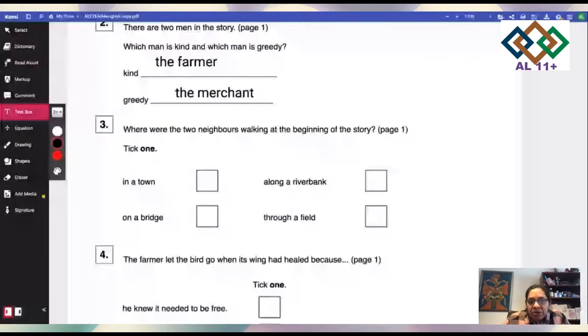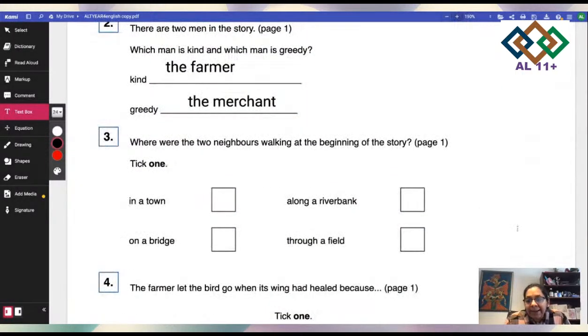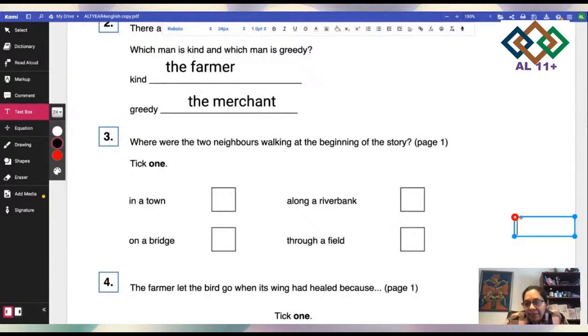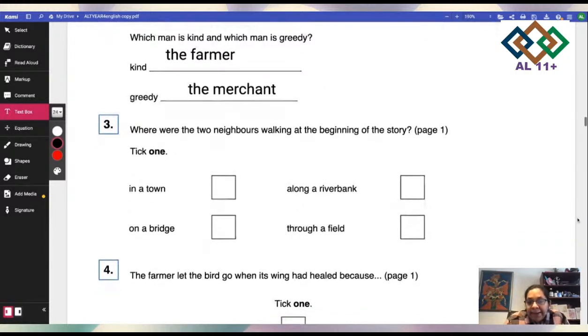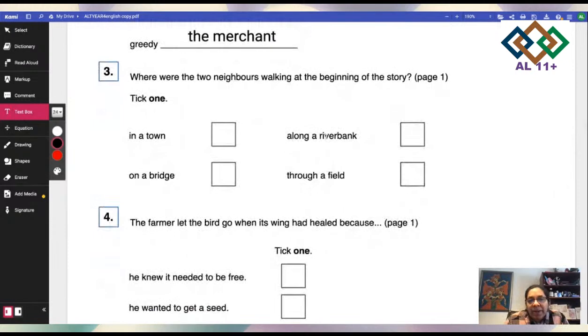So let's go on to the next one. In the next one, they are asking, where were the two neighbors walking in the beginning of the story, page 1? So if you have something like this, I would say you guys should go on page 1 and see where the two neighbors were walking at the beginning of the story.